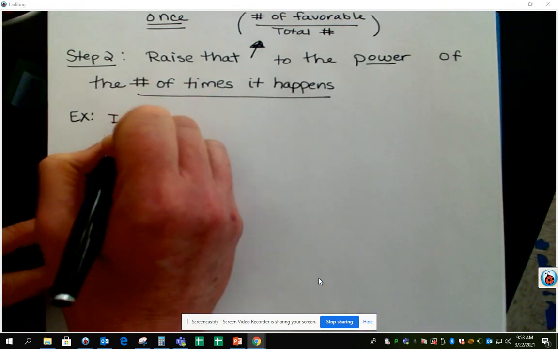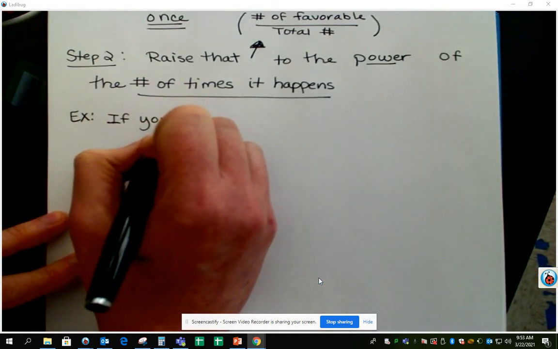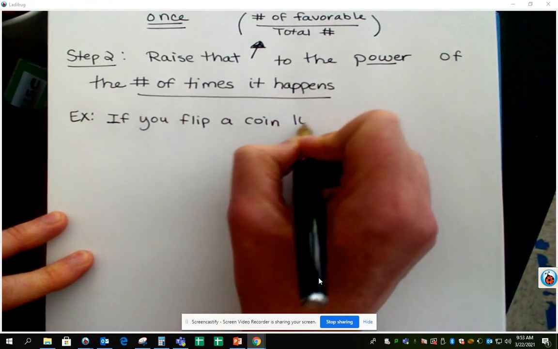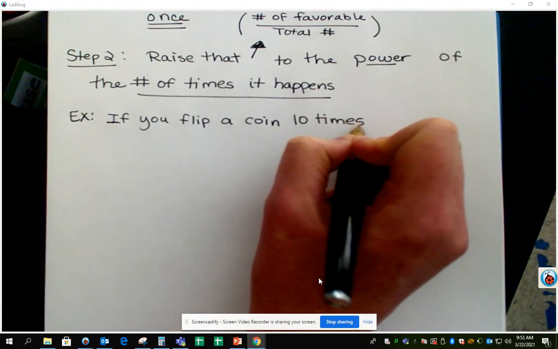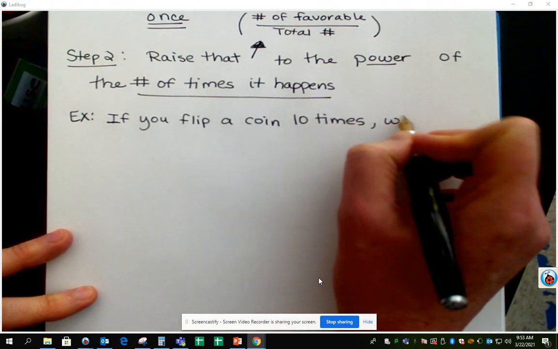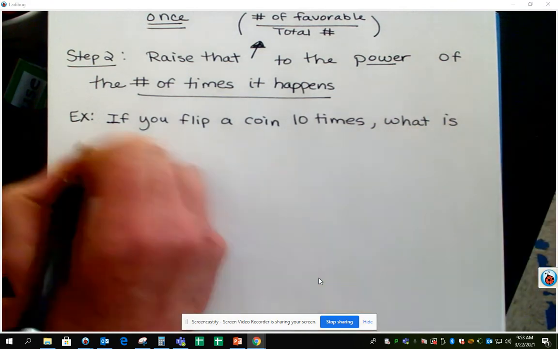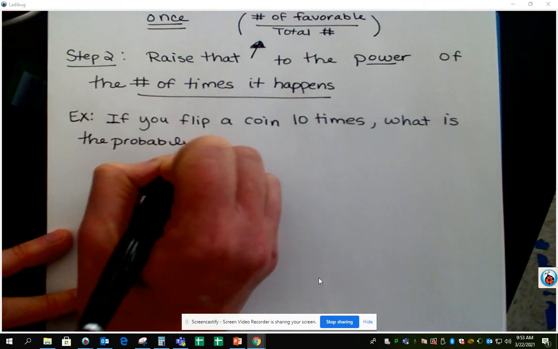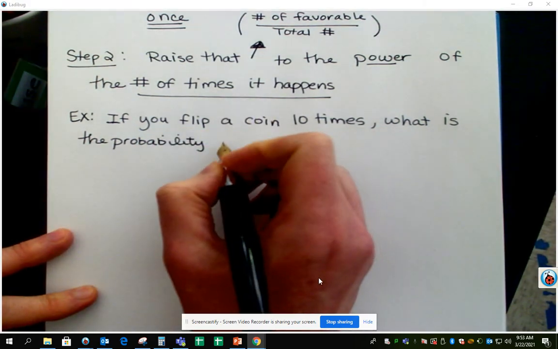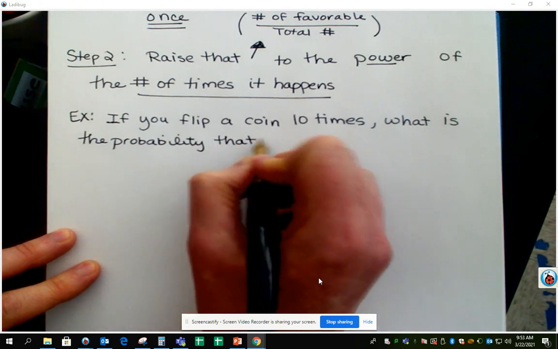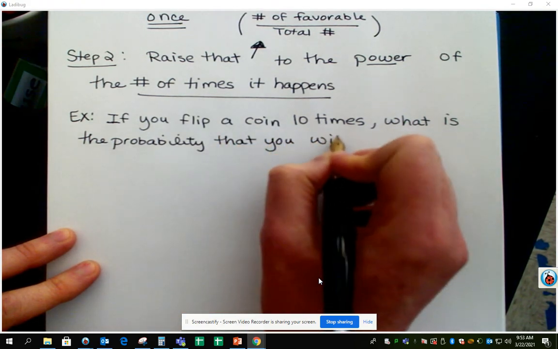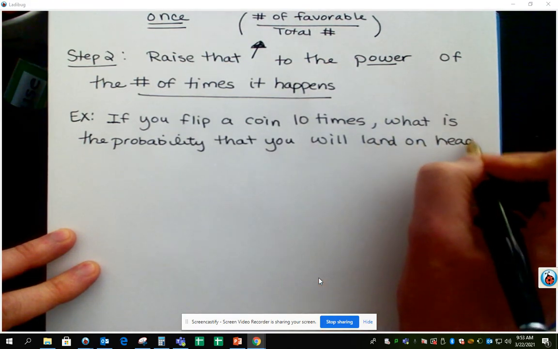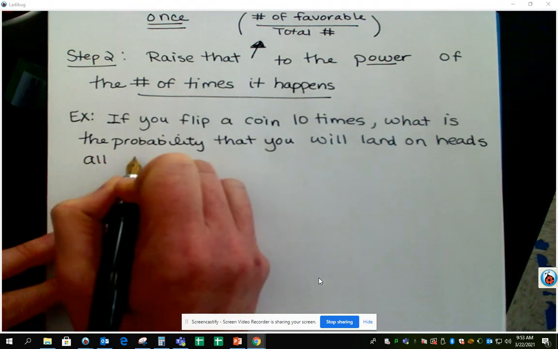If you flip a coin ten times, what is the probability that you will land on heads all 10 times?